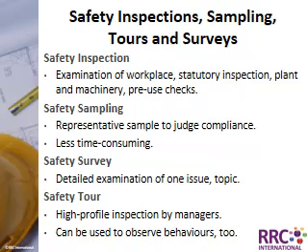For example, a quarterly housekeeping inspection in an office. Example 2 of the safety inspection is the statutory inspection, which is inspection of an item by a competent person to fulfill a legal requirement.